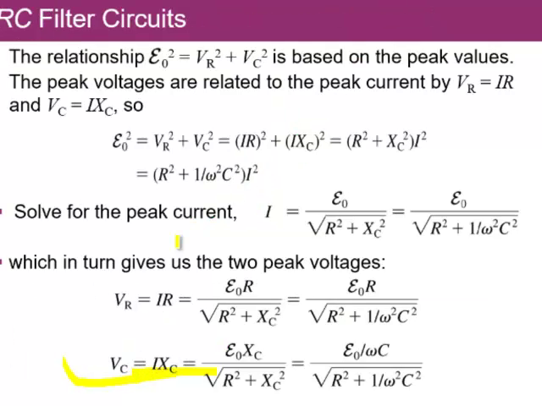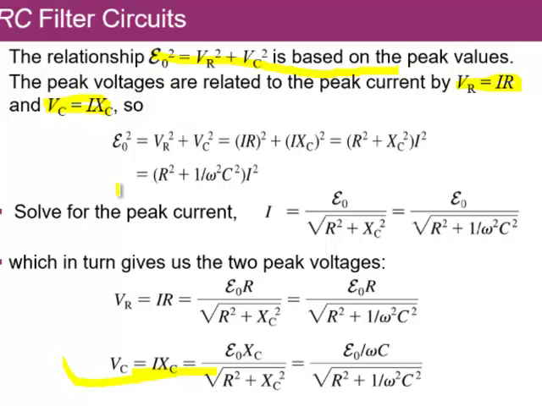And so now this is getting us the peak value. If you want to get the currents, remember that the peak value for VR is peak current multiplied by resistance, and for the capacitor, peak current times capacitor reactance, XC, gives us the peak voltage across the capacitor.